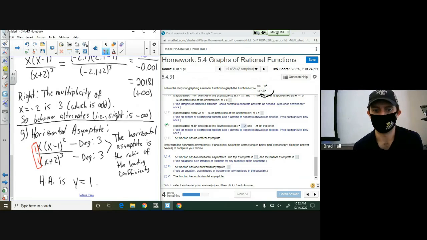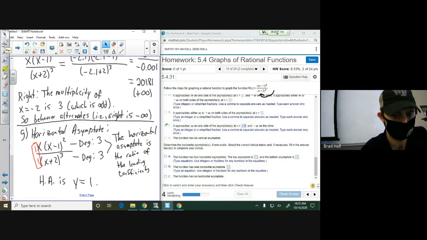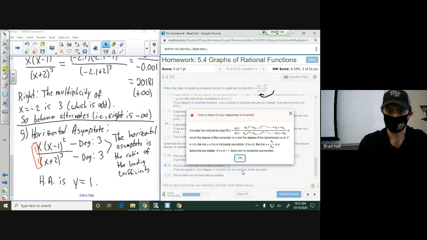Normally we denote it as an equation, which makes more sense because it does say type an equation. If you just tried to type 1, it's going to throw all this junk your way.